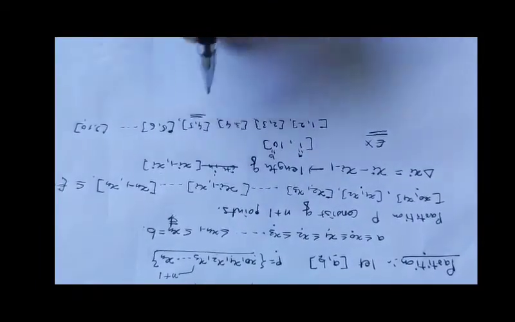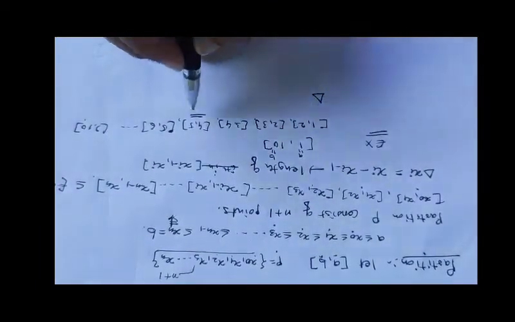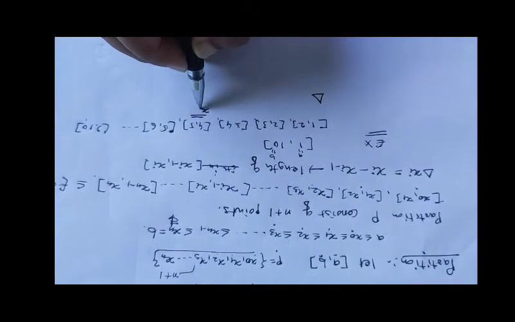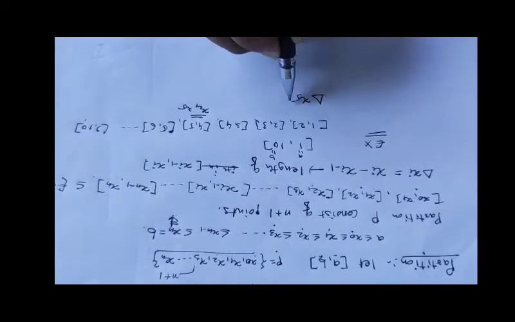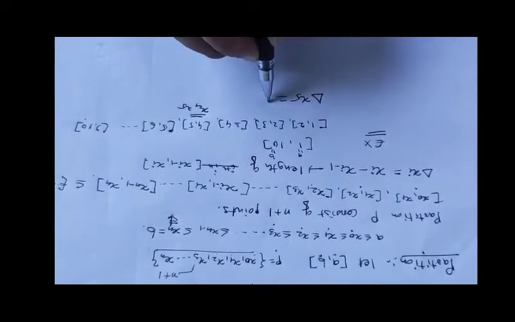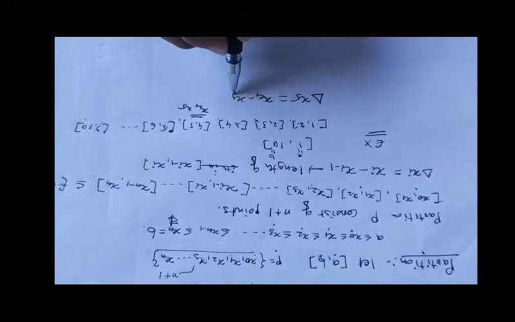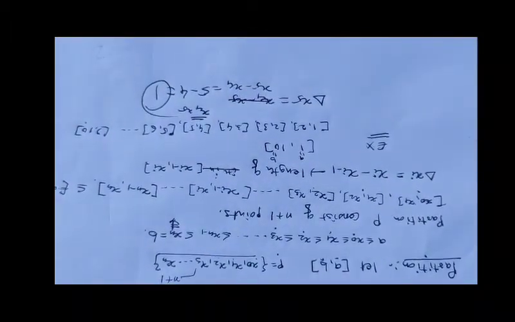Then if I choose this, x4, x5, so delta x5 is equal to x5 minus x4, that is 5 minus 4, which is equal to 1. This is the length of the interval.